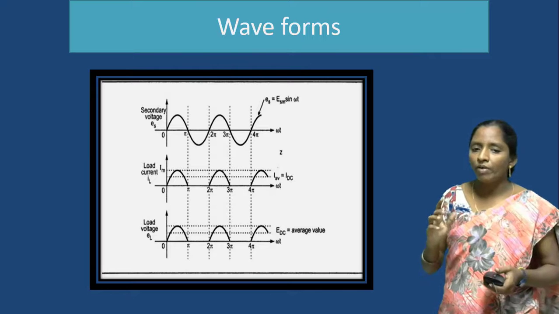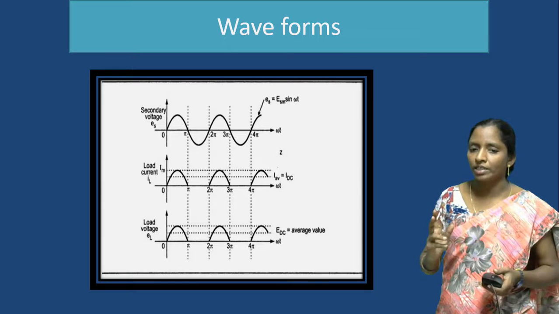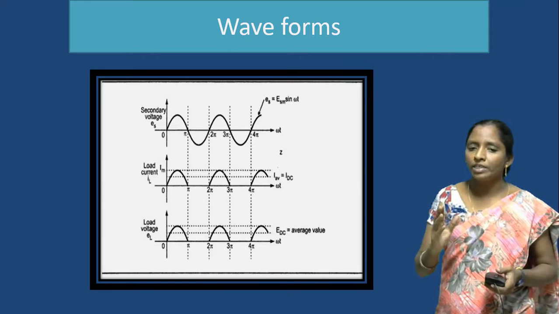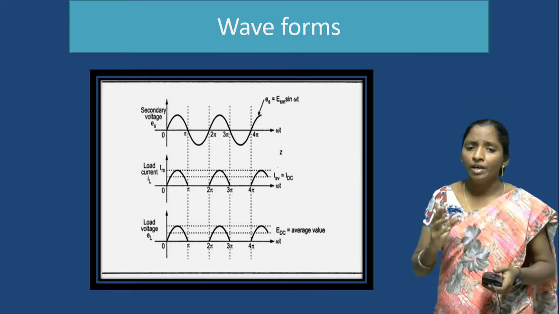These are the waveforms for the input voltage, load current and load voltage. Load voltage is known as VDC or V average, and load current is represented as I average or IDC. The given input voltage is represented as V of t equal to Em sin omega t.